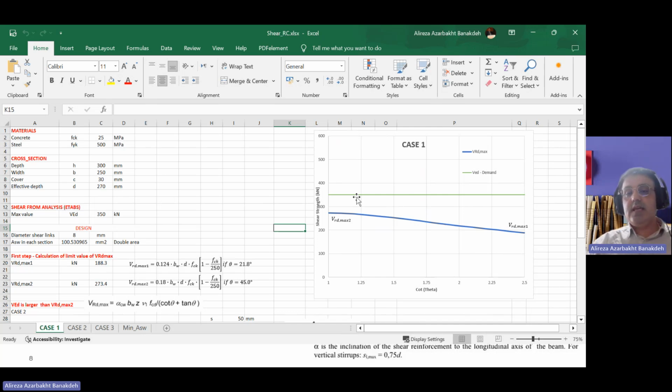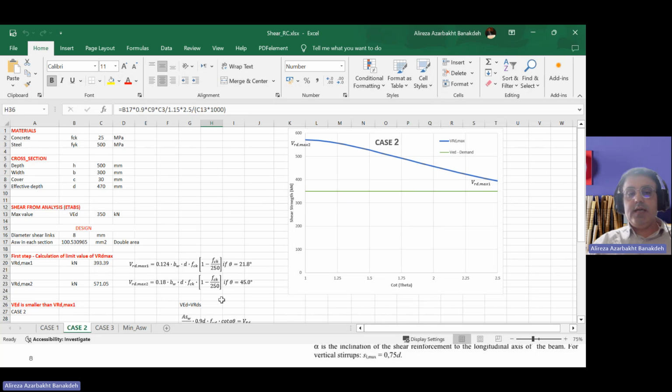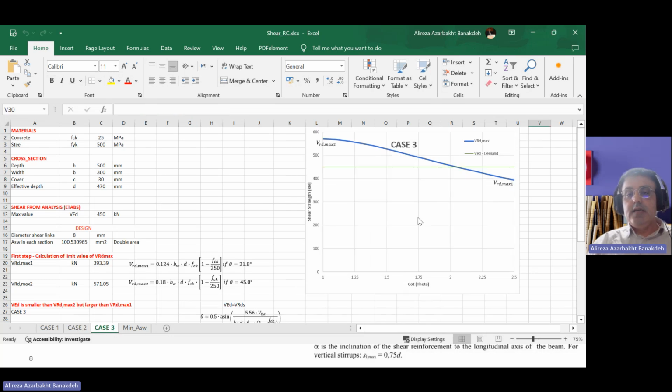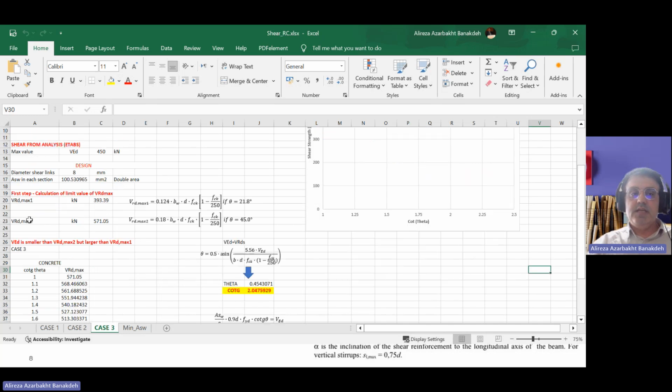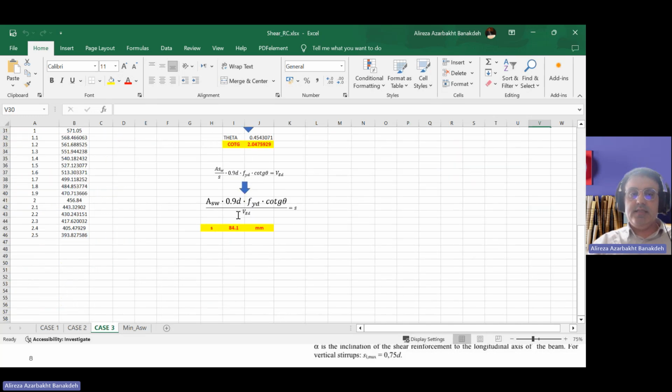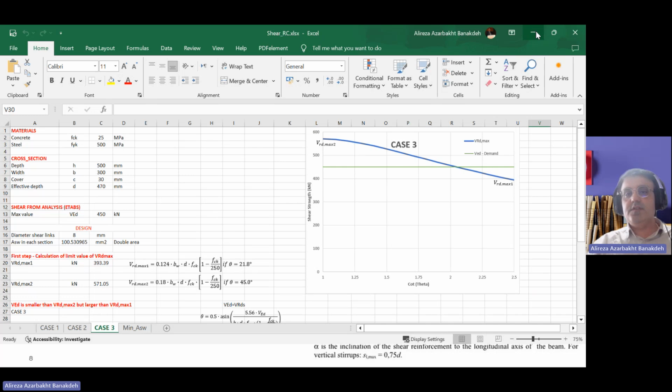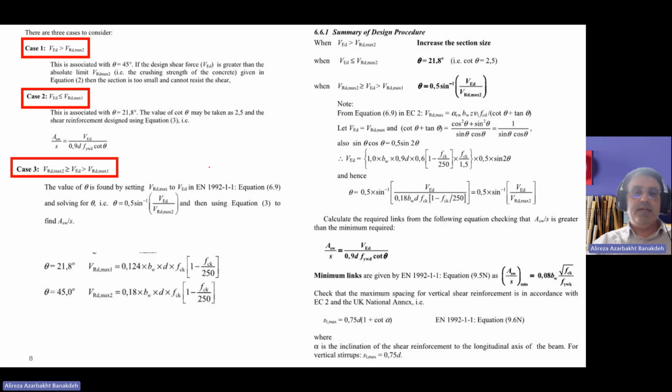So it's the case that you need to figure out how you can increase your section. But in case 2 and case 3, you just need to calculate an angle, which is called theta. With that theta, you can come up with your shear design process, which is illustrated in the Excel, and I will also illustrate it here in the lectures.